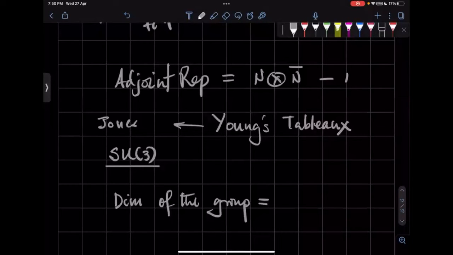Okay, what was the dimension of SU2? By this time, you should know what the dimension of SU2 is as a group.